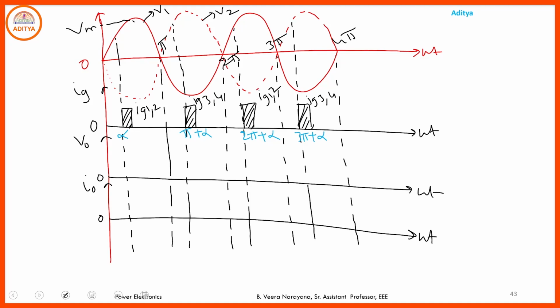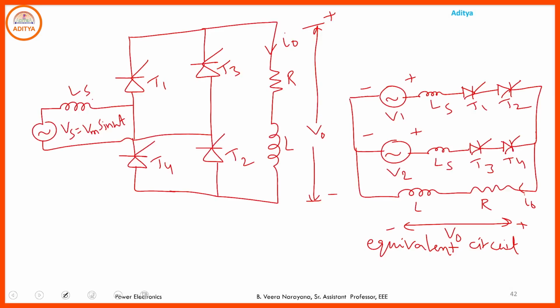And for the sake of simplicity, to understand the effect of source inductance on the performance of the single phase full wave converter, assume we go through the continuous conduction mode and constant load current. During the positive half cycle of the supply, what happens in the circuit?